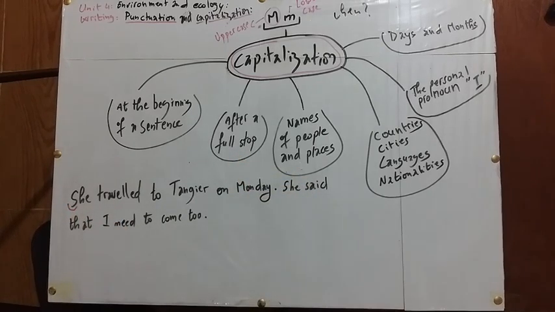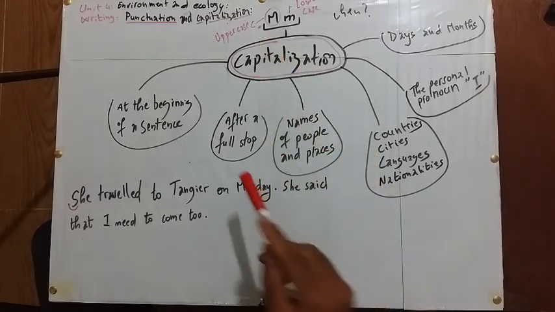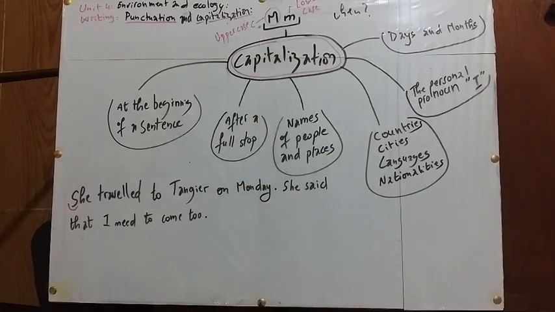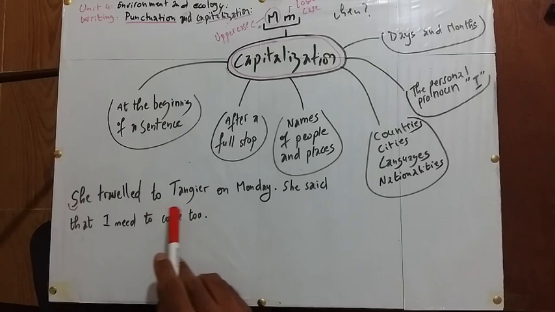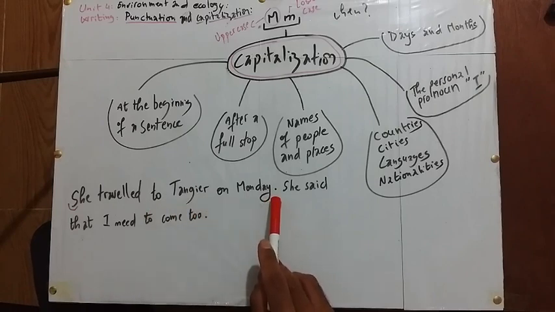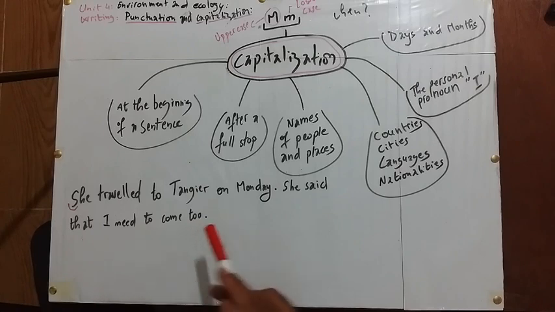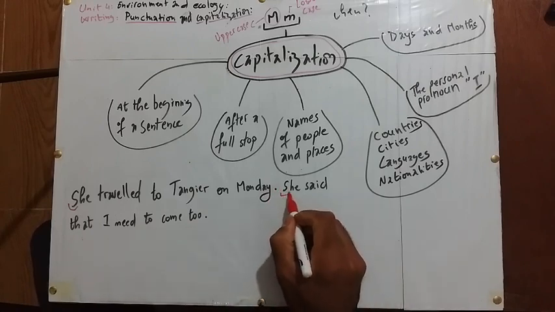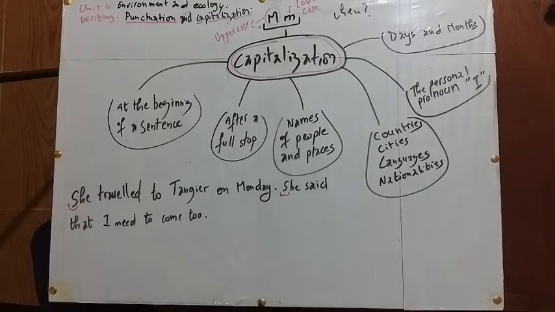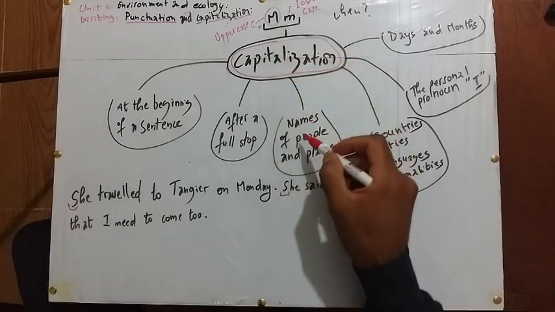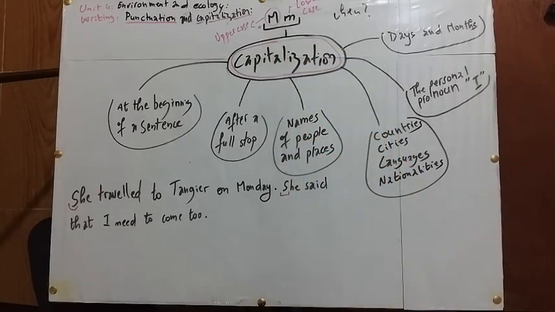Next, we use a capitalized letter after a full stop. She traveled to Tangier on Monday, full stop. She said that I need to come too. So after the full stop, we need a capitalized letter. Next, names of people and places.